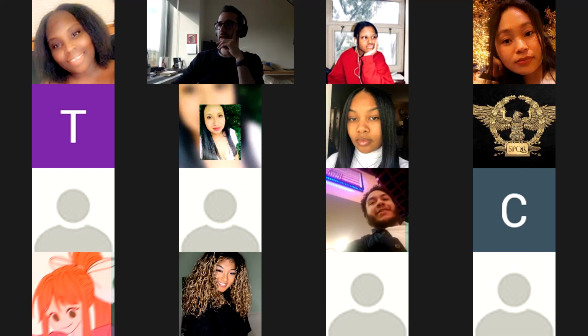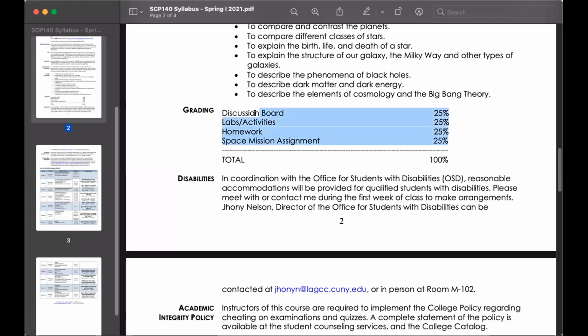Let me just pull up the syllabus. Each of these 4 categories is worth 1/4 of your total grade. So if you're getting everything right in the labs, and it's out of 90 points, and you get 90 points, then you have 25% out of 25%.